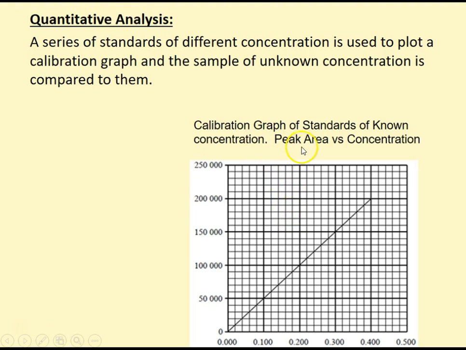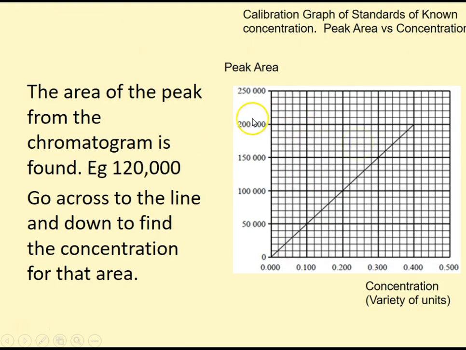So this is a calibration graph, and it's peak area versus concentration. So the y-axis is the area, and if the area from the chromatogram is found, then you will measure off the y-axis. And down the bottom here is the concentration. So this line is made by measuring, perhaps you did a standard of 0.1 concentration.